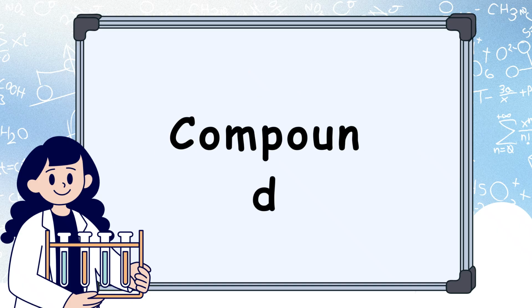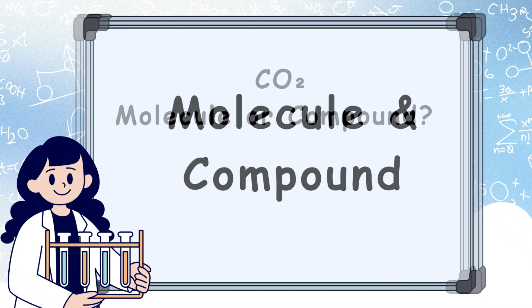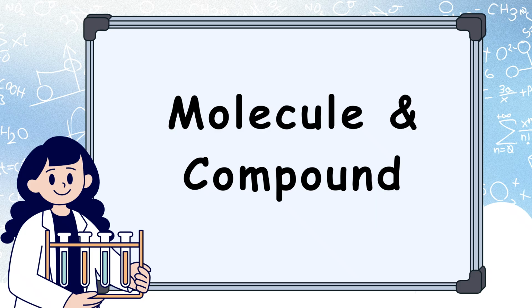Table salt is an ionic compound, meaning that it has an ionic bond, not a covalent one. So it is a compound but not a molecule. Here we have the formula for carbon dioxide. Is this a molecule, compound, or both? If you said both, you are correct.